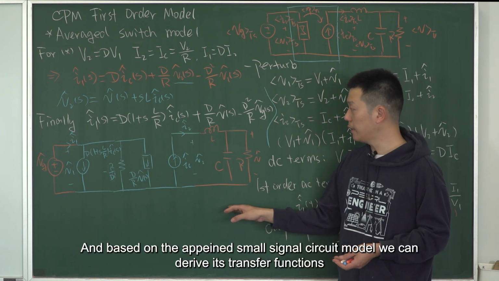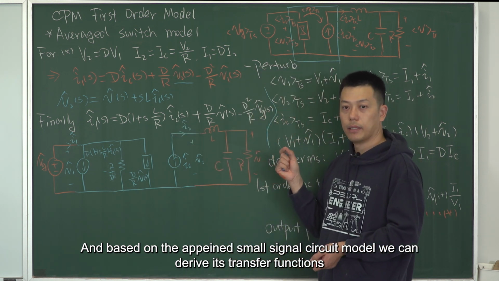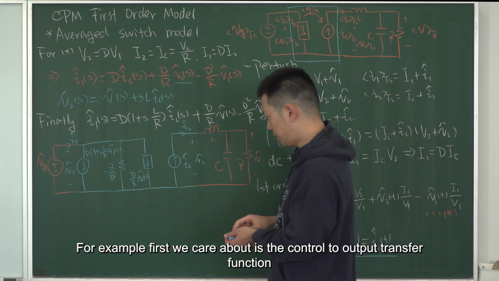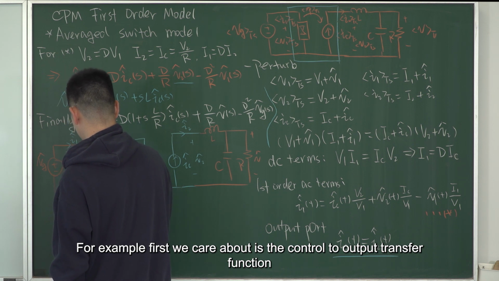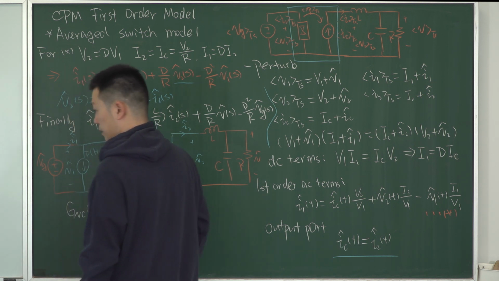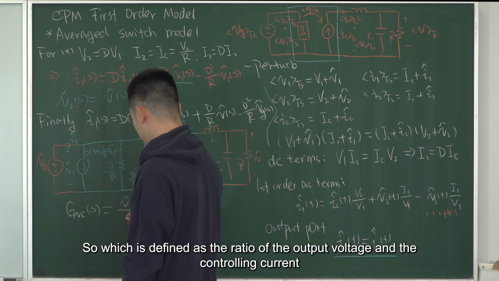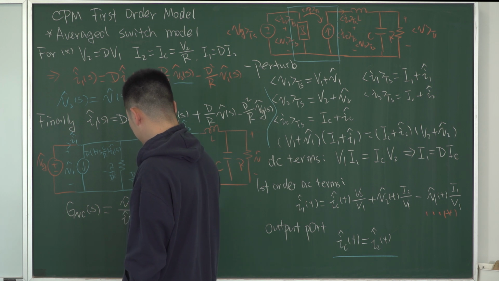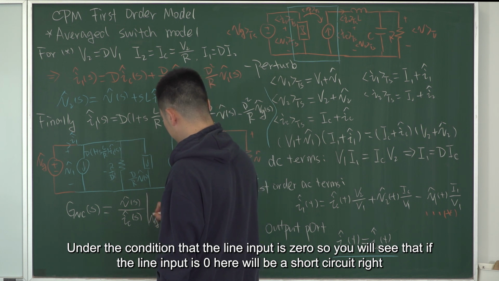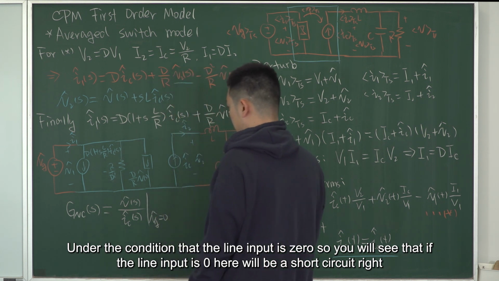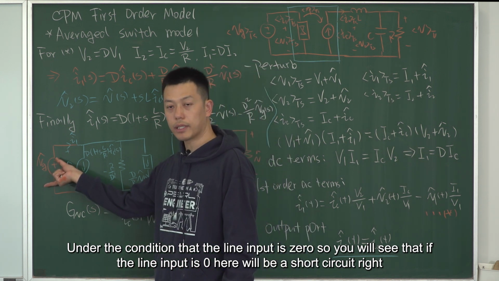And based on the obtained small signal circuit model, we can derive its transfer functions. Right? For example, first we care about the control to output transfer function, which is defined as the ratio of the output voltage and the controlling current under the condition that the line input is 0. So you will see that if the line input is 0, here it will be a short circuit, right?